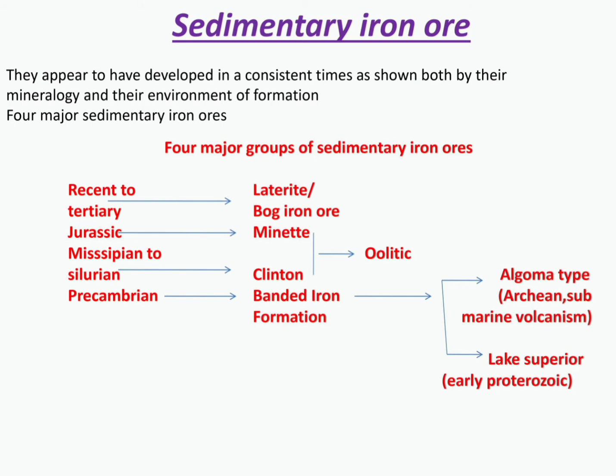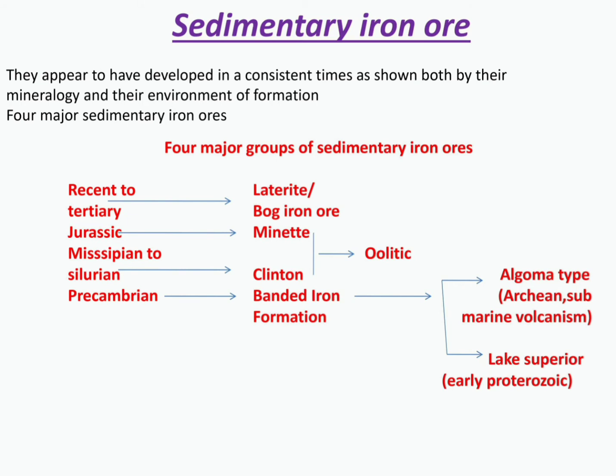Okay, now the other one you will see from Mississippian to Silurian. Here you will see the Clinton type, and in Jurassic you will see the Minette type. These names are important, and their ages are also.